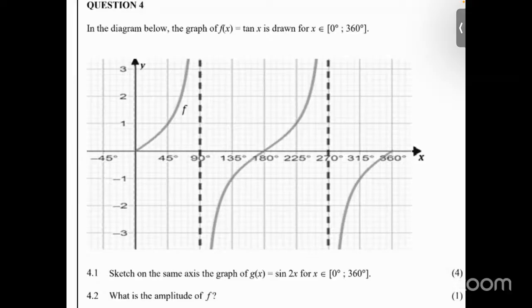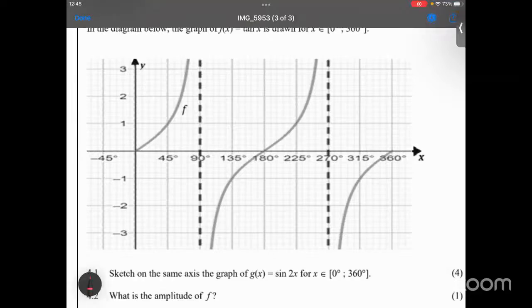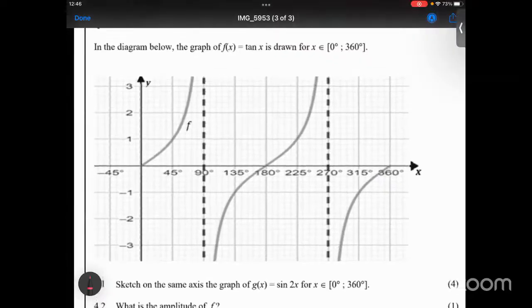It depends on what they say or where they tell you to start from. Okay, then it's fine. So let's have a look at the diagram which is drawn there, and there is nothing unusual.